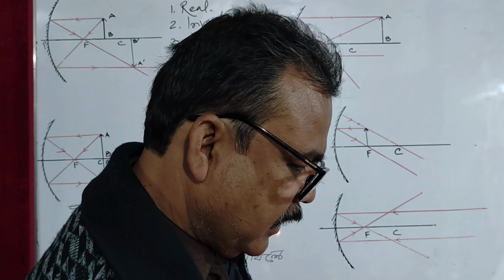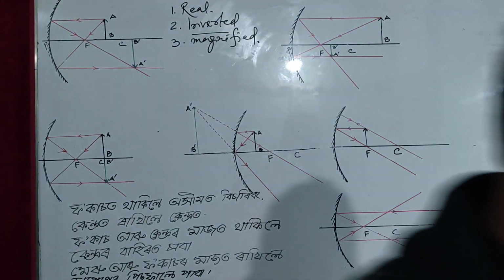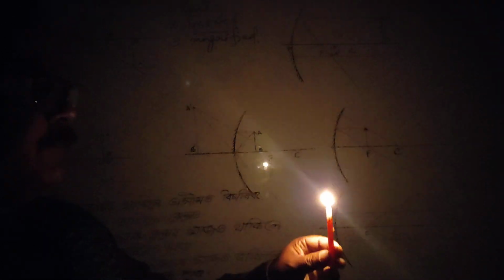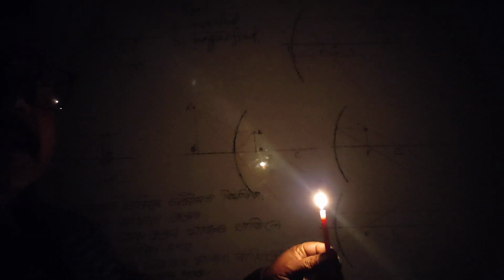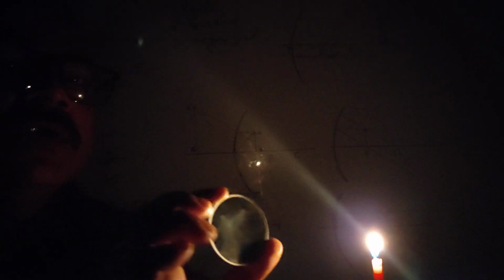Okay, for that please allow me to switch off the light for a minute. Now you see, this is a burning candle and this is the concave mirror.